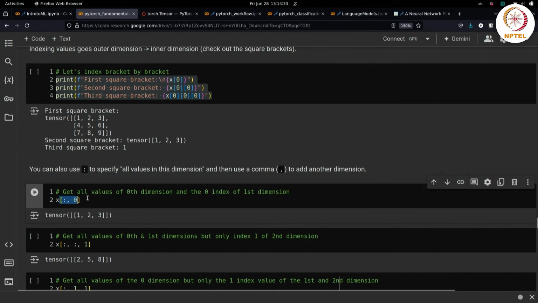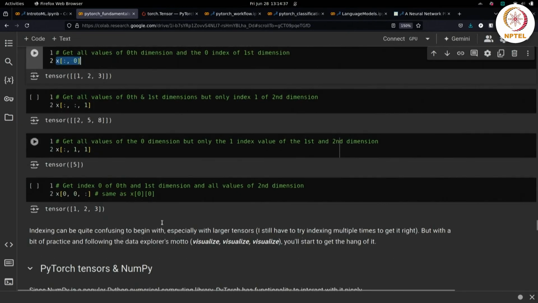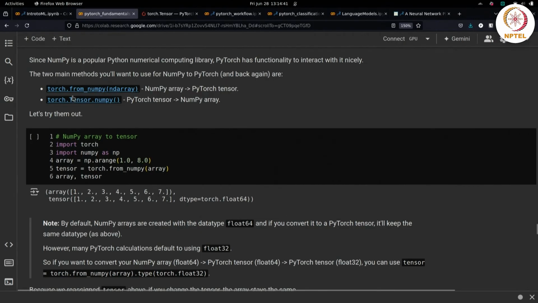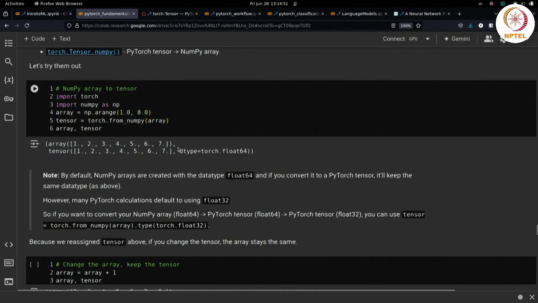Again, this notation is maybe familiar to you coming from NumPy. NumPy plays very well with PyTorch. You can convert a NumPy array to a tensor, and you can convert a tensor to a NumPy array.